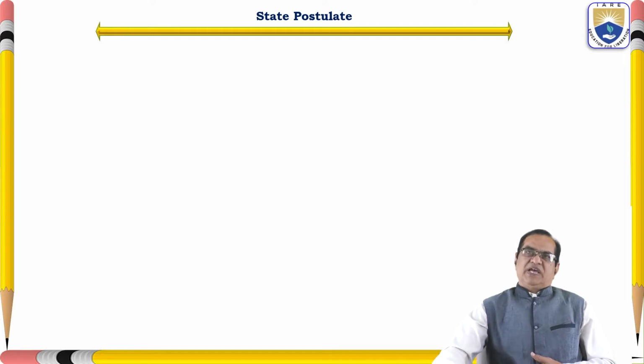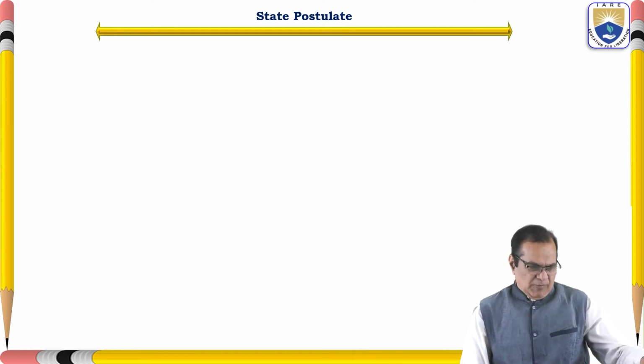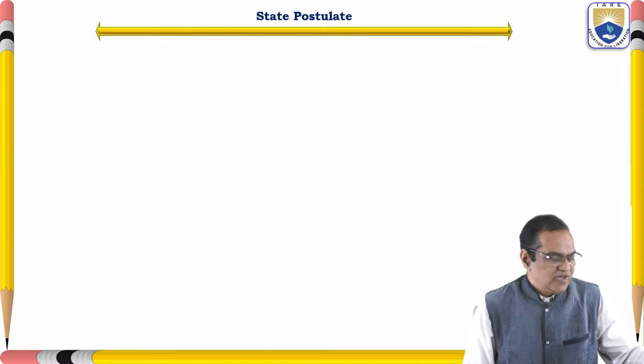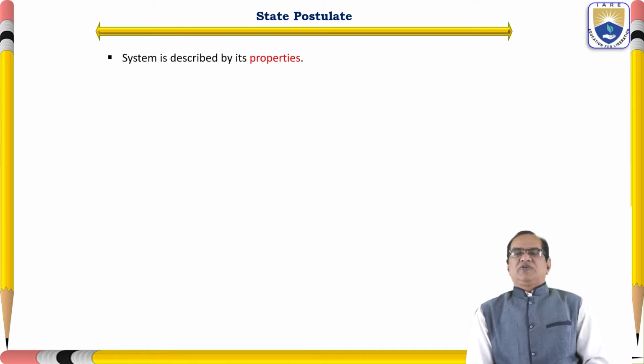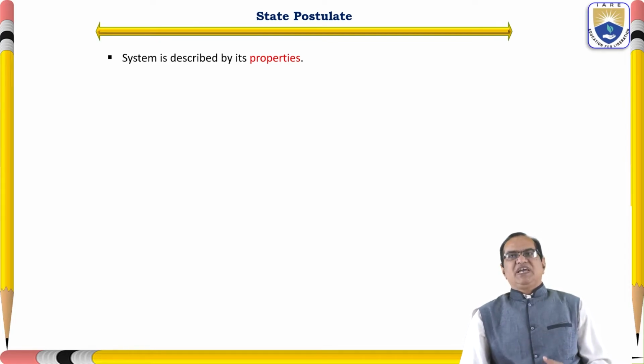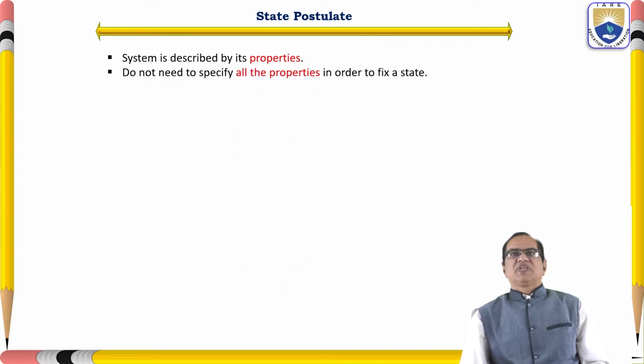Next I am going to discuss state postulates. What is the meaning of state postulate? The system is described by its properties, and you know the properties are P, V, T, and also internal energy and enthalpy. We do not need to specify all the properties in order to fix a state.